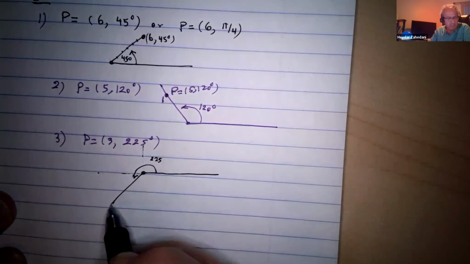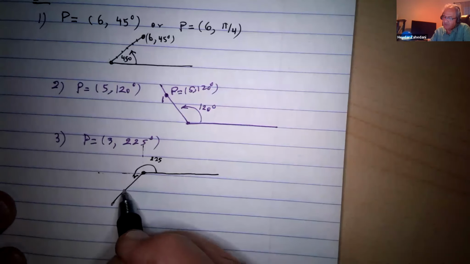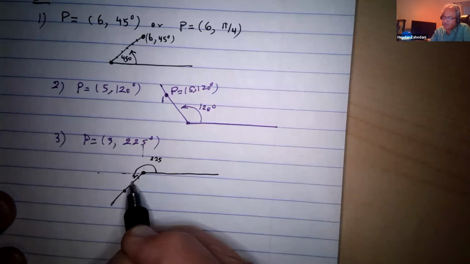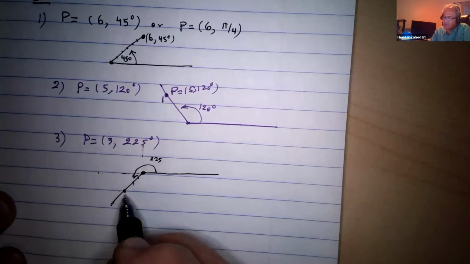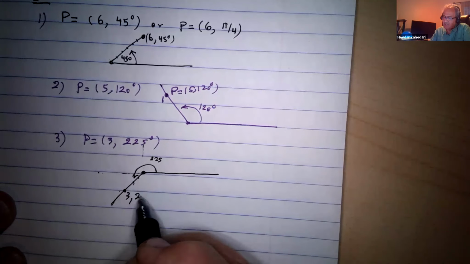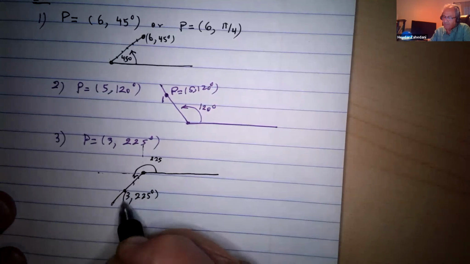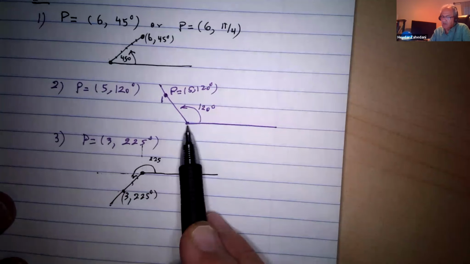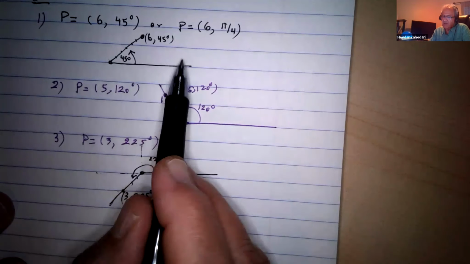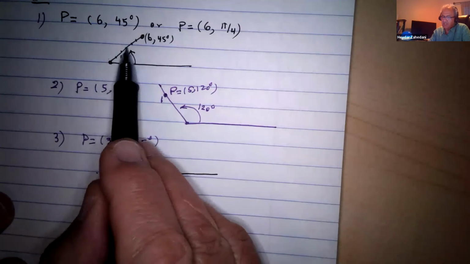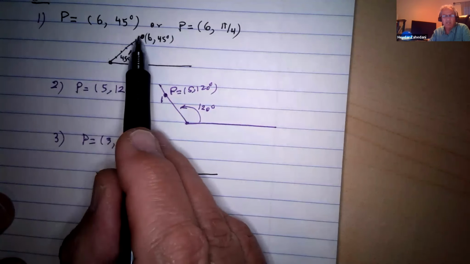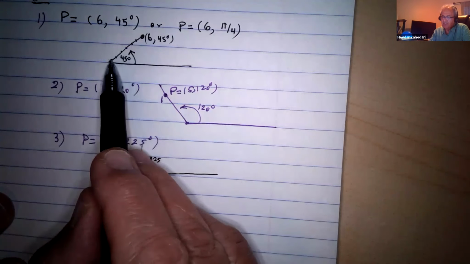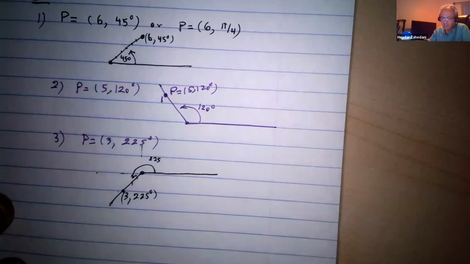So you pick the R in this direction, and this is going to be 3 units, 1, 2, 3. So this point would be represented by 3 and 225. You pick the R in the direction of the terminal side of your angle, and you pick the R here to get to the point.